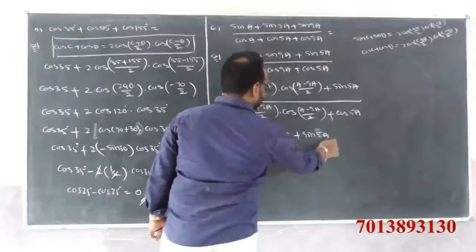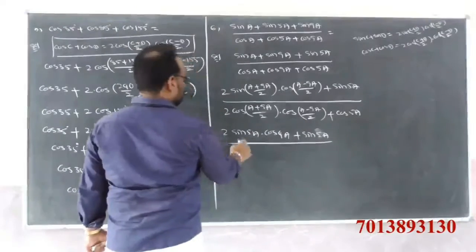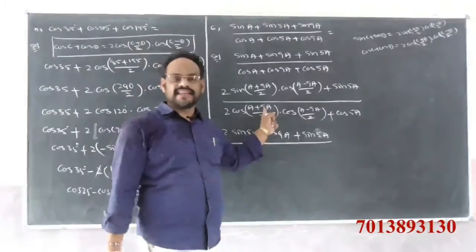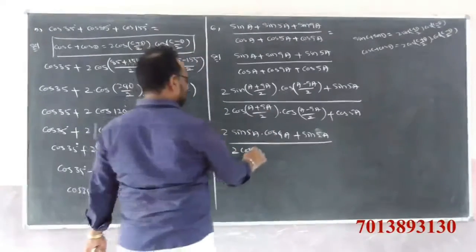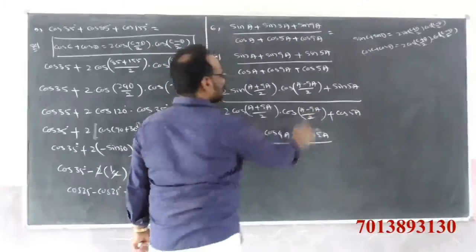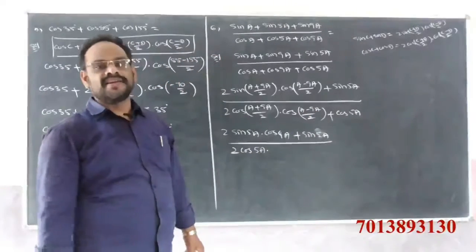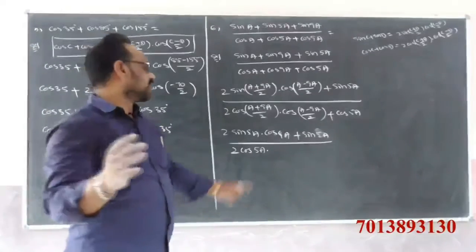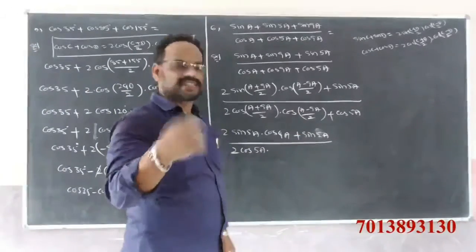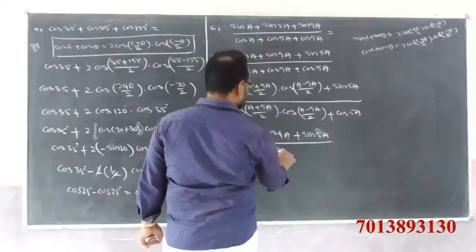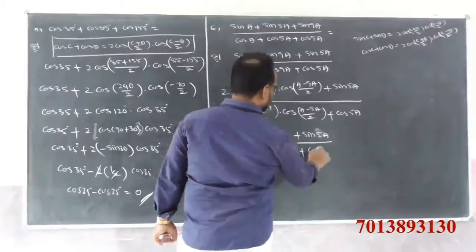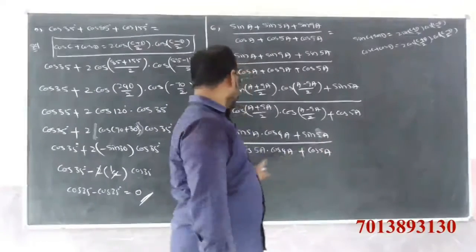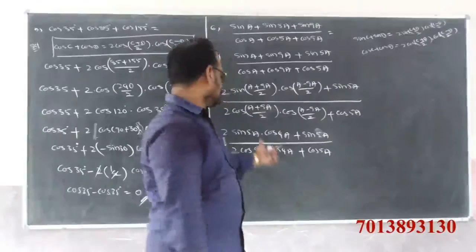So the numerator is 2 sin 5A cos 4A plus sin 5A. The denominator also is 2 cos 5A into cos of minus 4A, which is cos 4A, plus cos 5A.